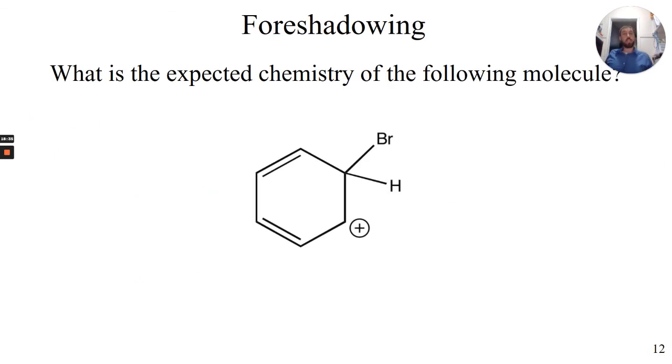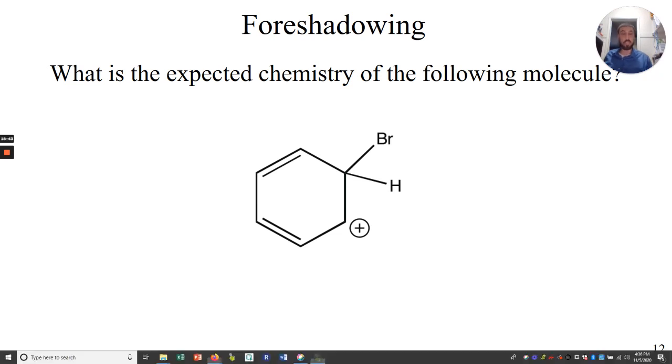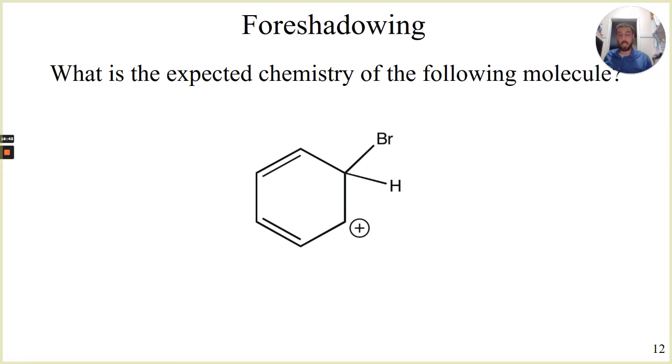If we took a look at this molecule, what kind of chemistry might we expect? Well, we might look at this and say that carbocation is unstable, and because of the hybridization of this carbon, that is sp3 hybridized, I don't have an aromatic structure. So if I were to lose one of these bonds, I could take those electrons and put them into that structure.